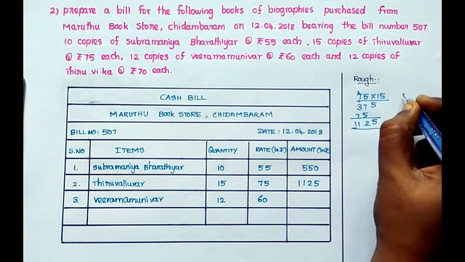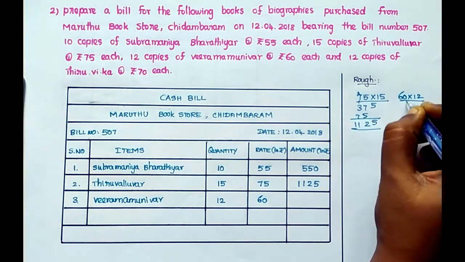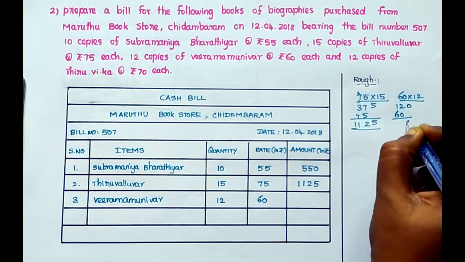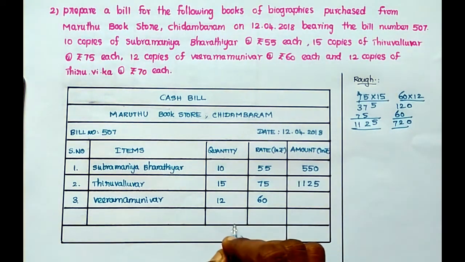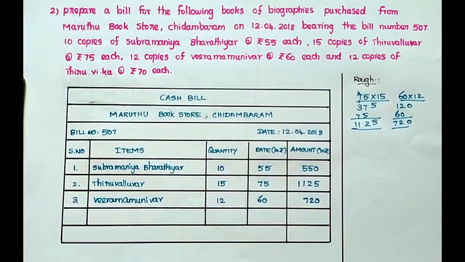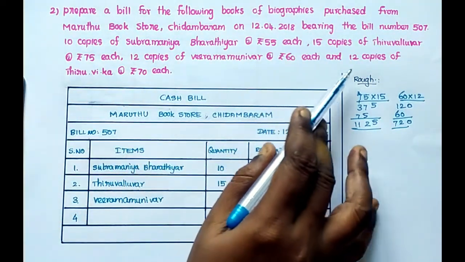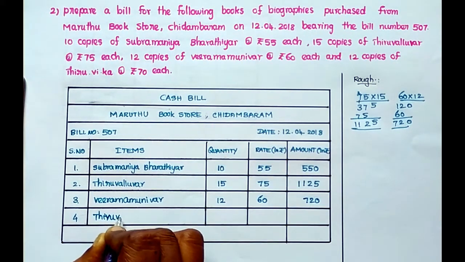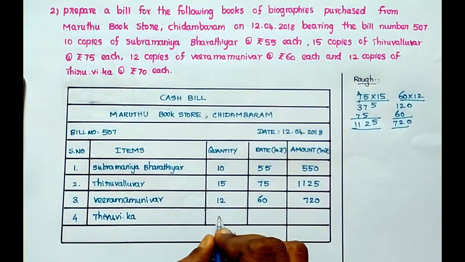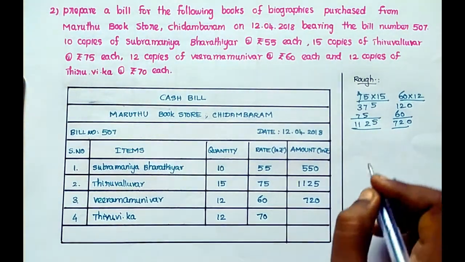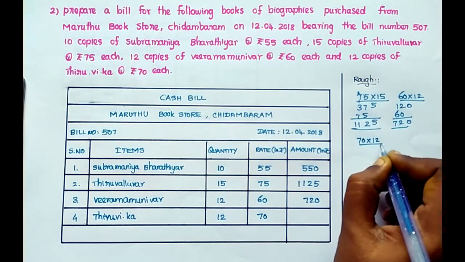So 60 into 12. 0, 6 2s are 12. 1 6 is 6. So 720 rupees. Now last one, 12 copies of Tiruvika. How many copies? 12. 70 rupees. So 70 into 12.